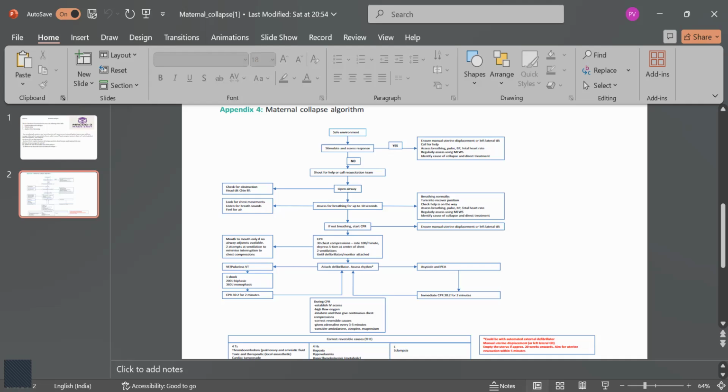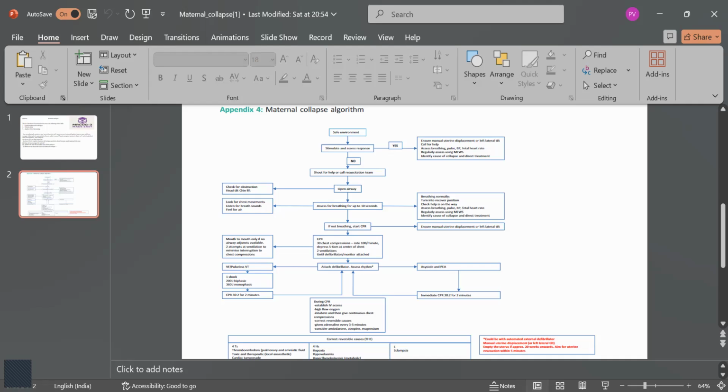If there is no pulse activity or it is asystole, the cardiopulmonary resuscitation continues for 2 minutes. But if it is ventricular fibrillation or pulseless ventricular tachycardia, then we move on to give shocks.